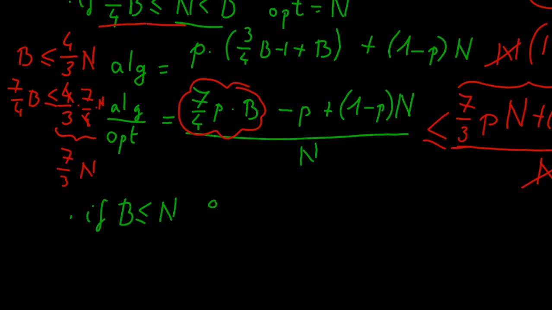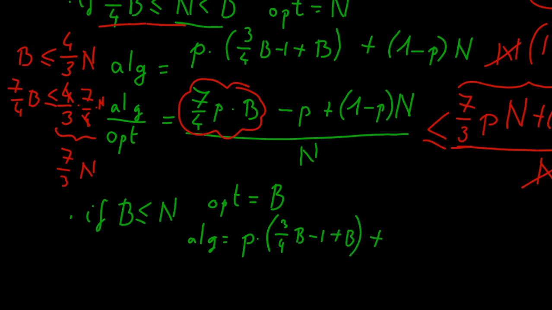So in this case, the optimum value is b, and the algorithm's cost is the following. With probability p, I'm running the algorithm which buys the ski on the first checkpoint. That's minus 1, that's plus b.